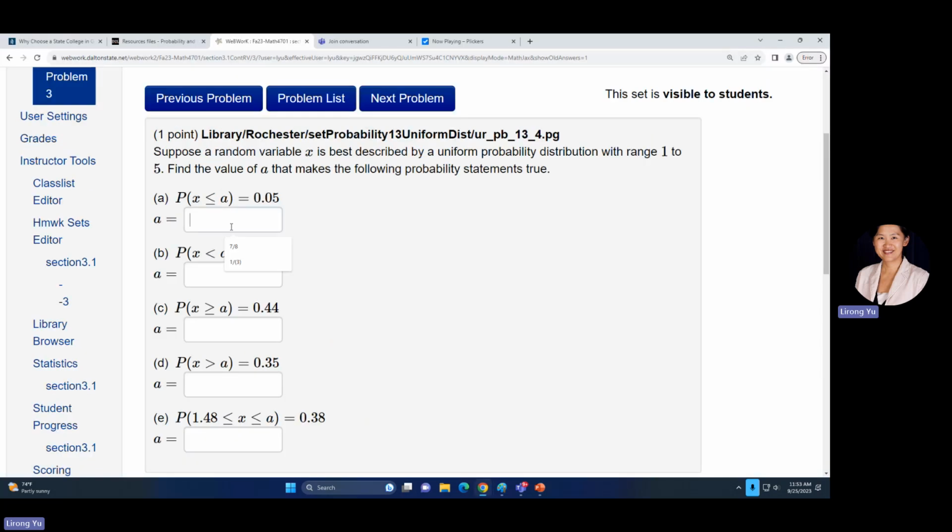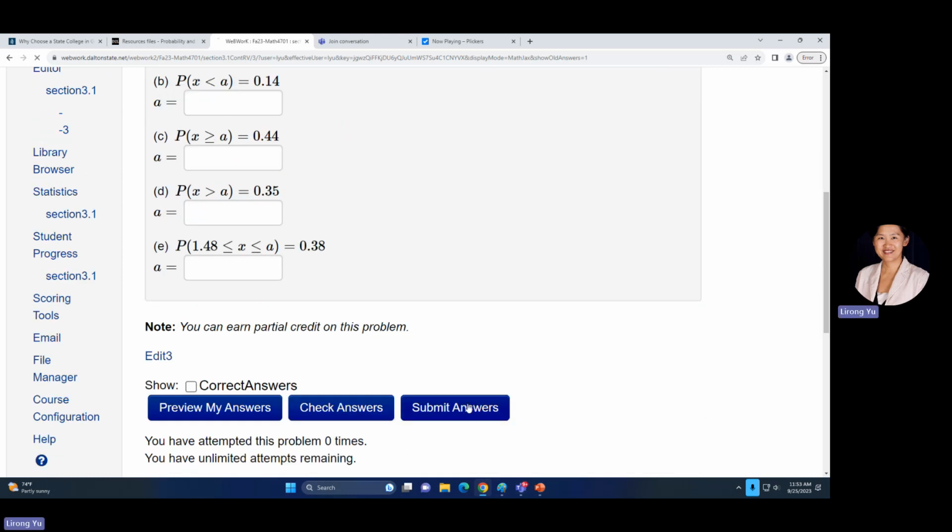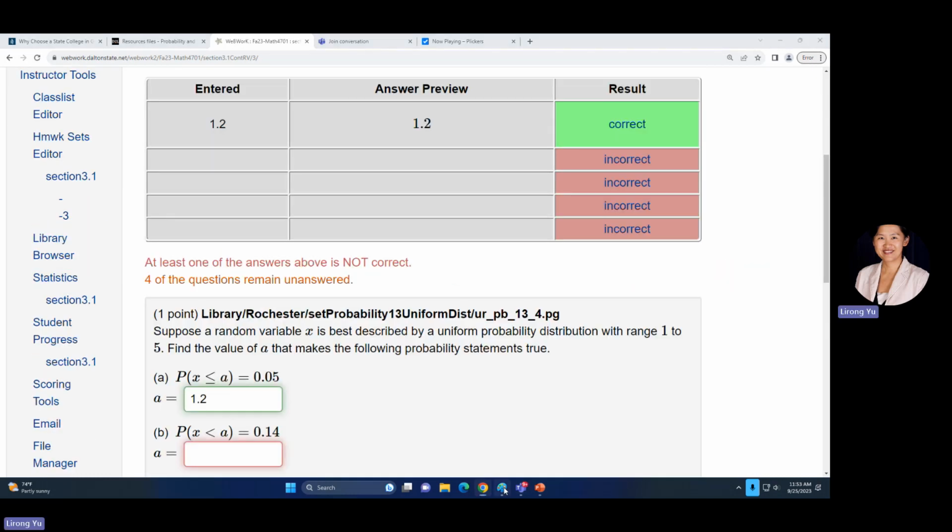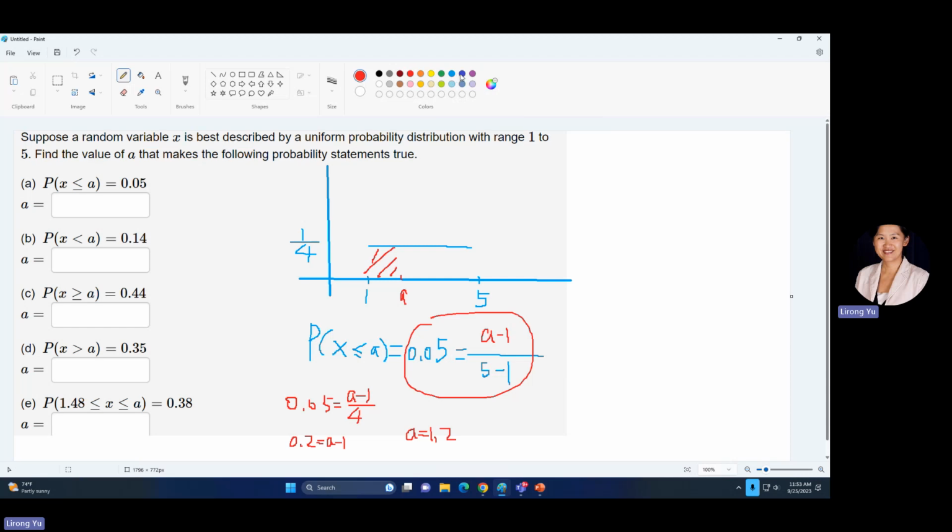So that's question 1: 1.2. With similar reasoning, the second question is the probability x lower than a. Remember, I was saying equal or not equal, it's the same thing. The difference between the two questions is that this one is 0.14 and the other was 0.05.